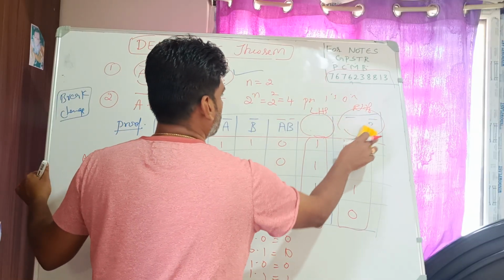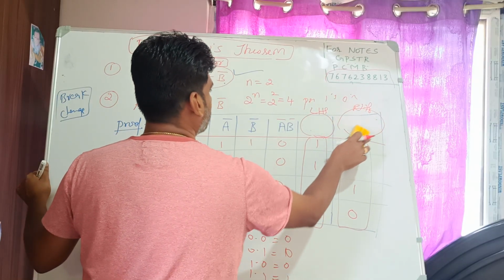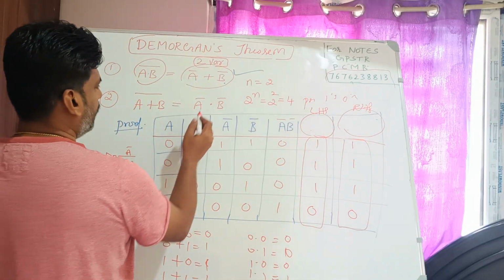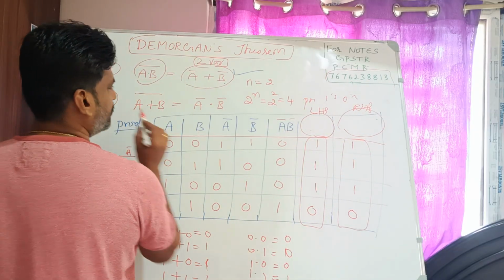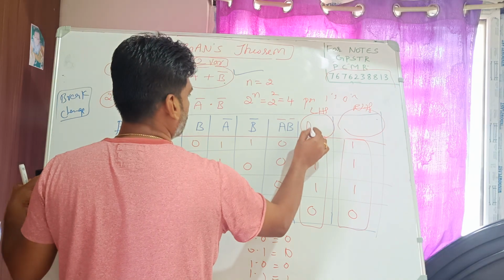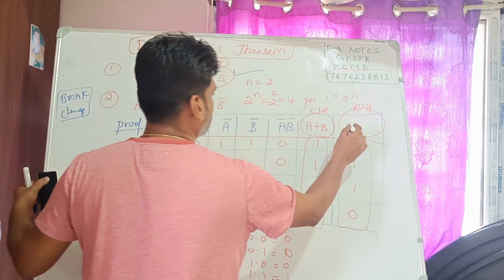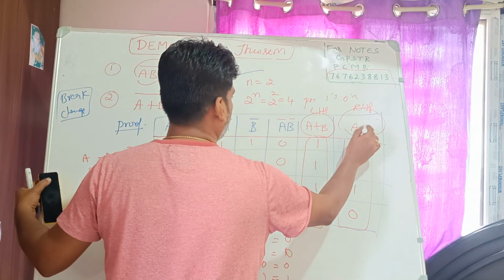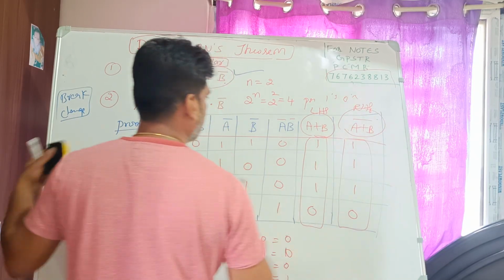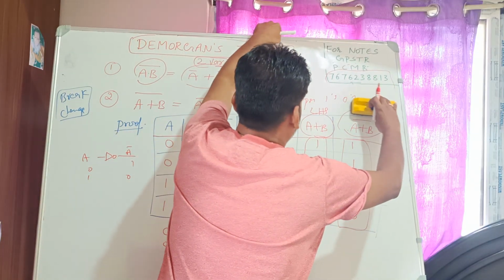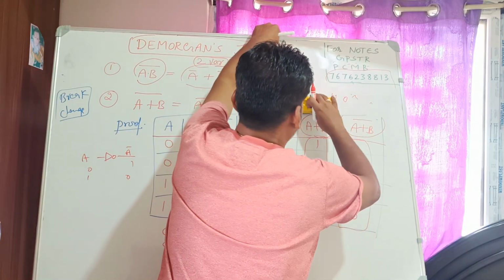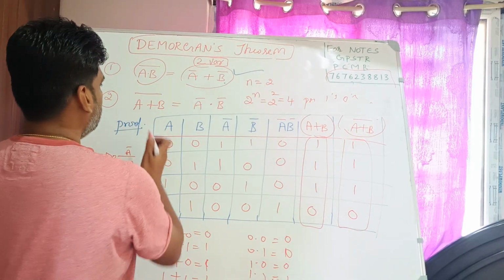Right? So what are the variables there? We are writing that. After that, A plus B is there. So I will write here A plus B. But what is there? Complement of A plus B. Right? Now, this LHS and RHS will be changing. What is the LHS?